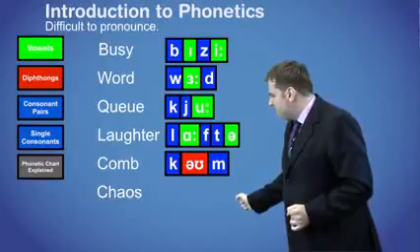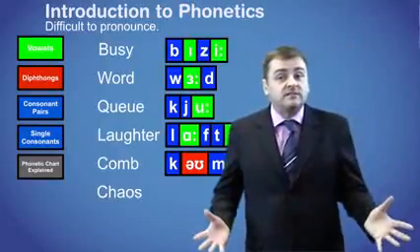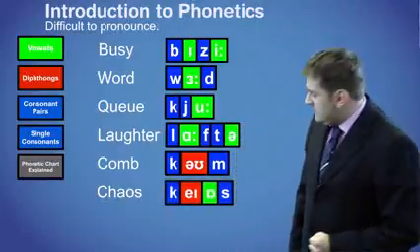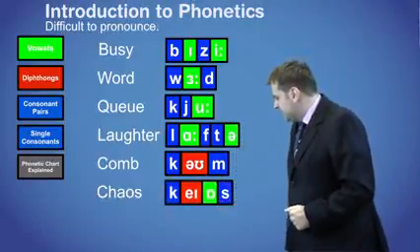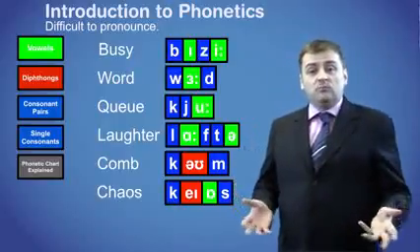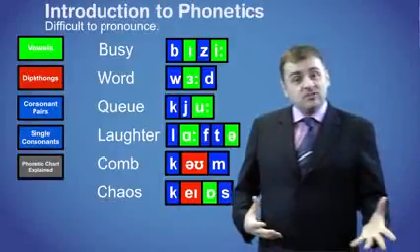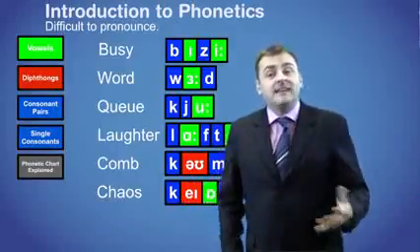Cone. This word's got a B at the end, but we don't pronounce it. And finally, chaos. This is spelled with a CH. And CH is more commonly pronounced ch, like in church. But in chaos, it's a k, like in cat.